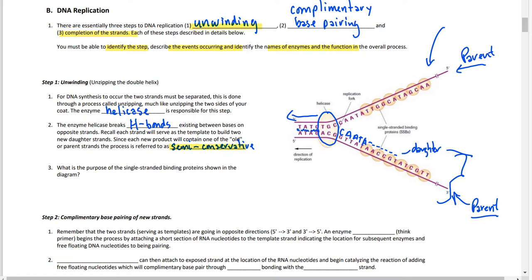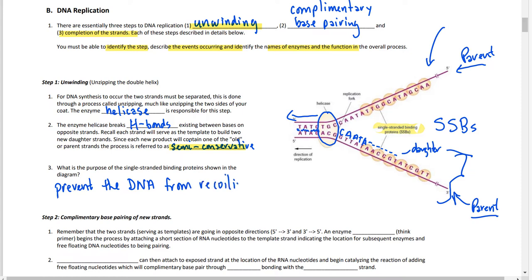Okay? Now, last step in this unwinding process, you can see here attached are these single-stranded binding proteins, often just abbreviated as SSBs. So pause the video if you want for a second and just think about what those single-stranded binding proteins might be doing. So these single-stranded binding proteins prevent the DNA molecule from recoiling.